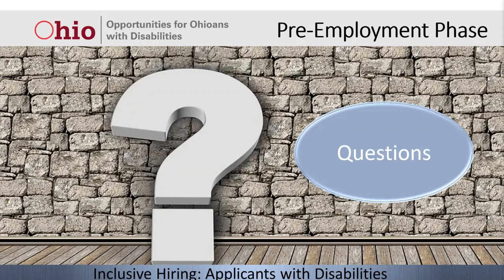So when an employee requests an accommodation and you're in that interactive process, if the disability or the need for accommodation are not obvious, then you are allowed to ask questions or request medical documentation to verify that the disability exists.